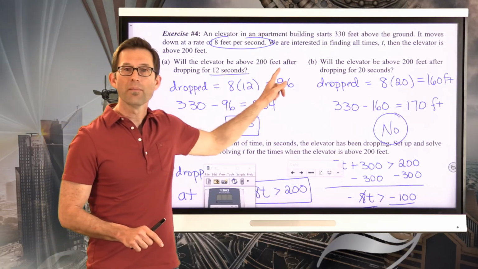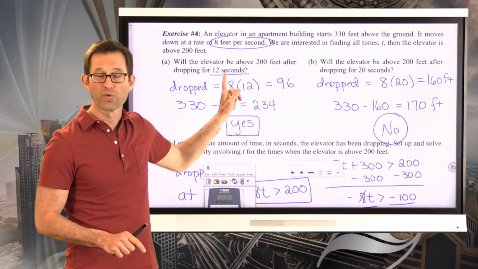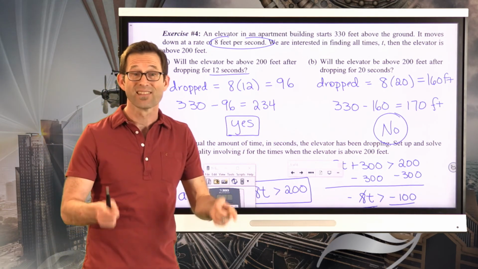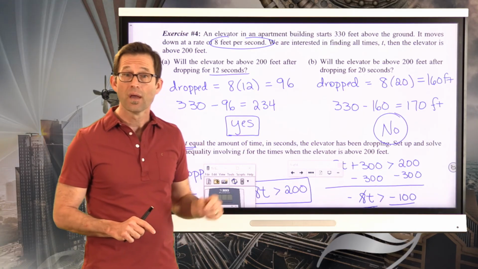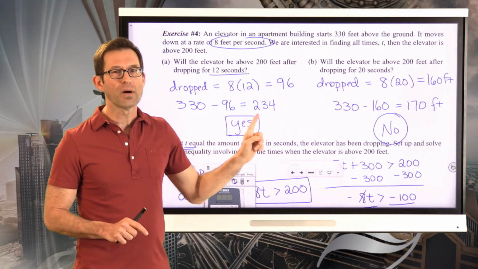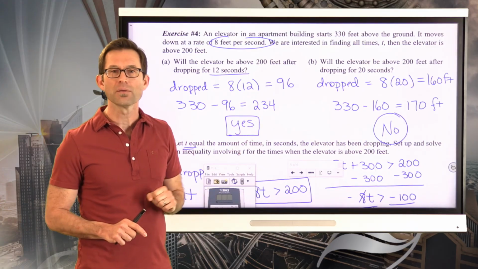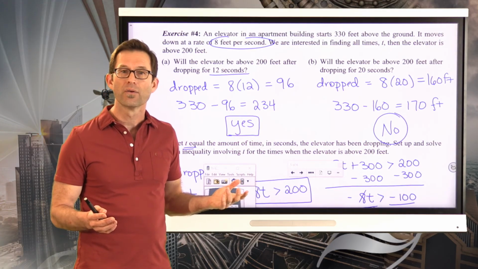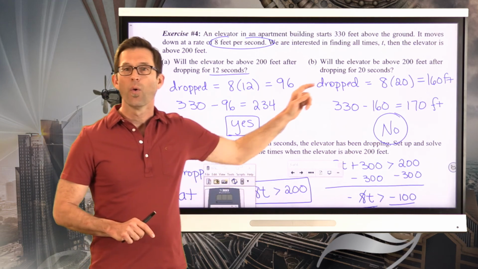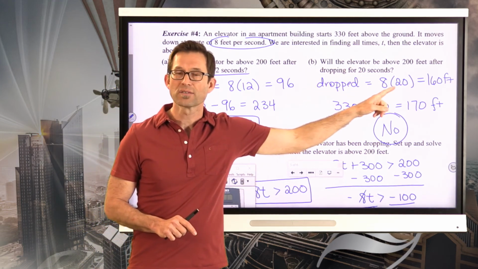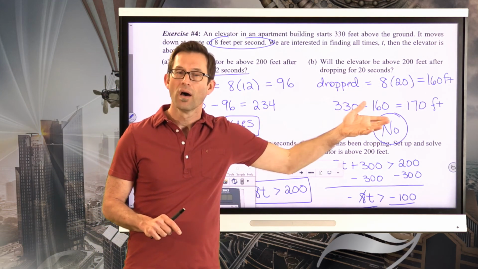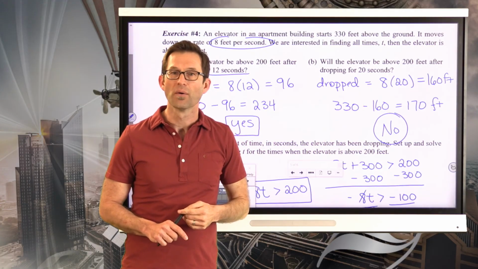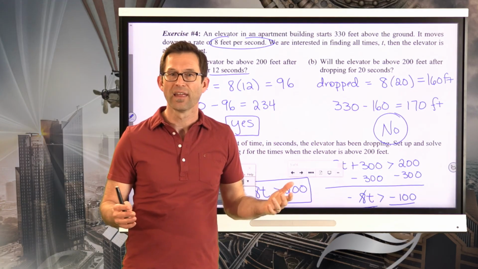Will the elevator be above 200 feet when it's been dropping for 12 seconds? Keep in mind, 12 seconds is less than 12.5 seconds. And the answer was yes. I wasn't much above 200 feet, but I was above. On the other hand, when I hit 20 seconds, I was well below that distance.